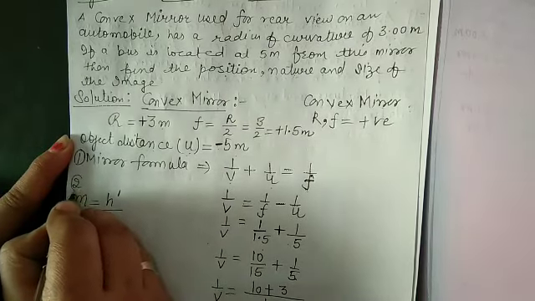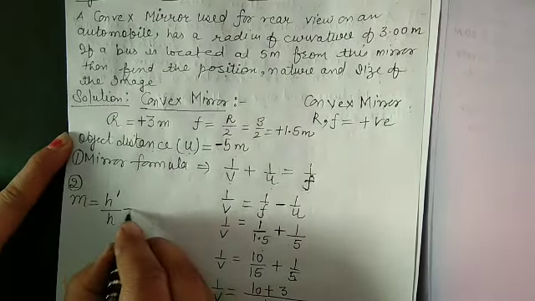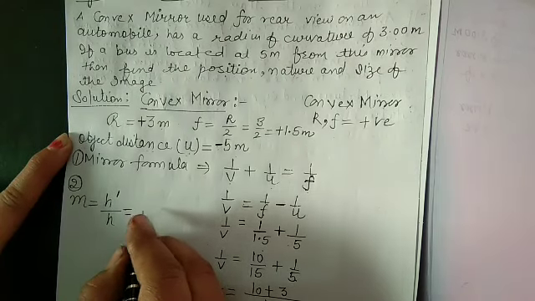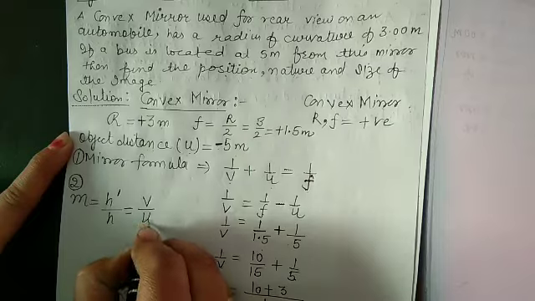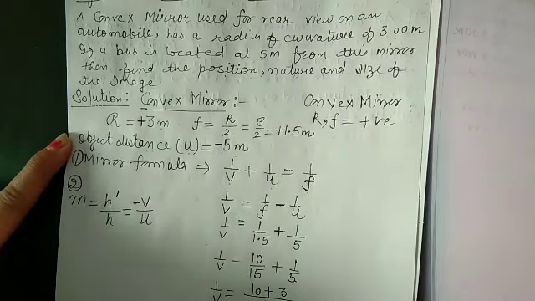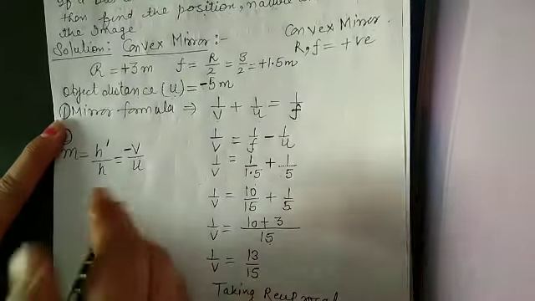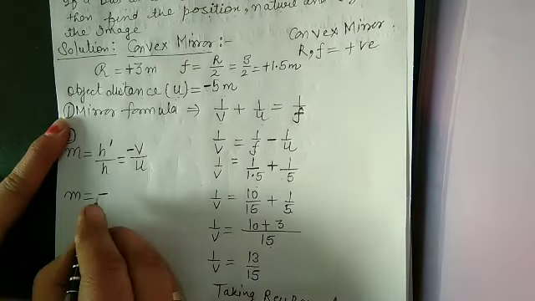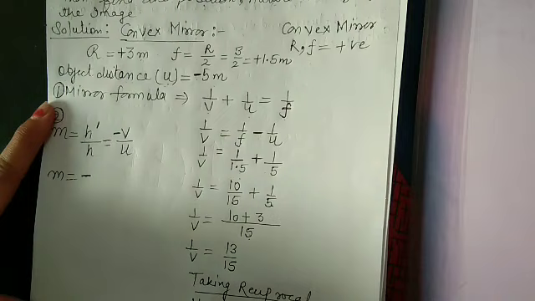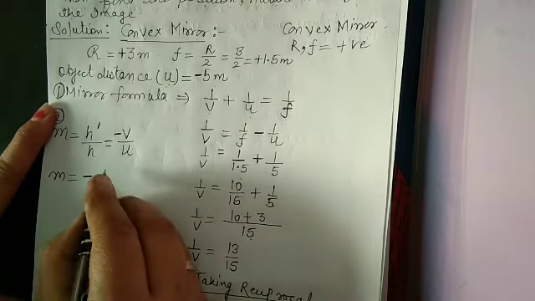Now step number 2, what is it equal to? It is equal to image distance upon object distance, but with a negative sign. Clear? So m is equal to minus v upon u. v is given to you. Instead of decimal numbers, I am keeping here 15 by 13.